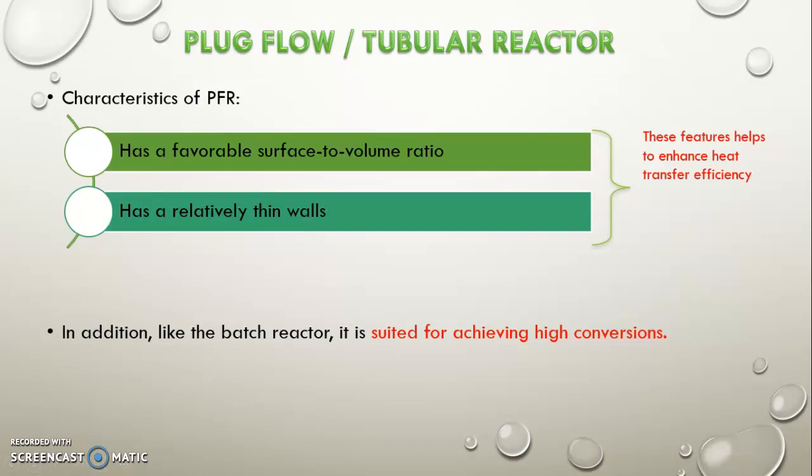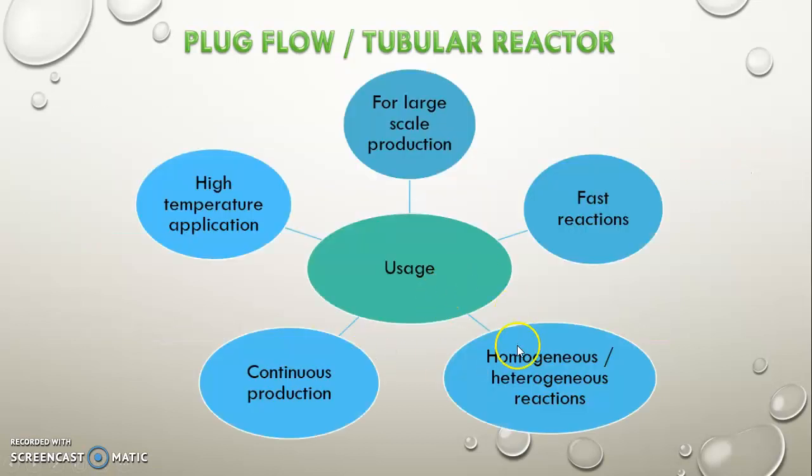Some characteristic for PFR, it has a favorable surface to volume ratio and has relatively thin walls, and these features help to enhance heat transfer efficiency. In addition, like the batch reactor, it is suited for achieving high conversion. Okay, some usage of PFR is very useful for large-scale production, high-temperature application, continuous production, homogeneous or heterogeneous reaction.